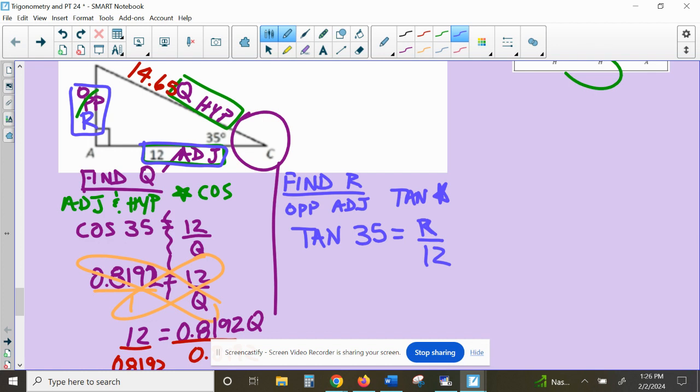Okay, got it? So you put tangent of 35 in, and what did you get? 0.7 what? 7002 or something like that? Okay. And then you put that over 1, correct? And you cross multiply.